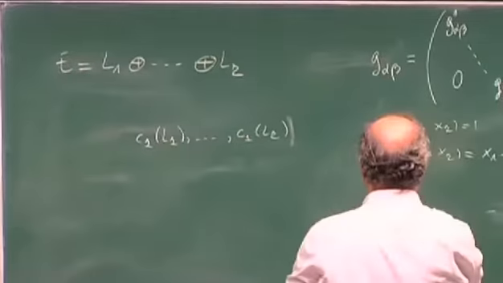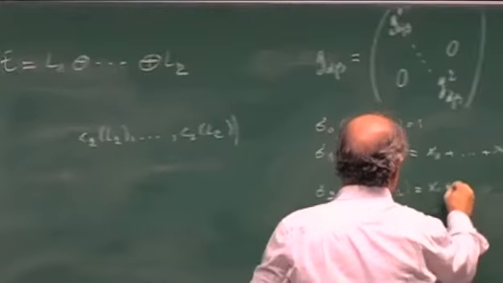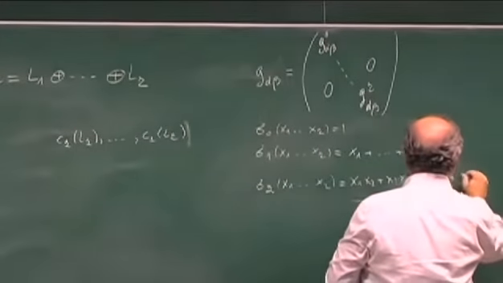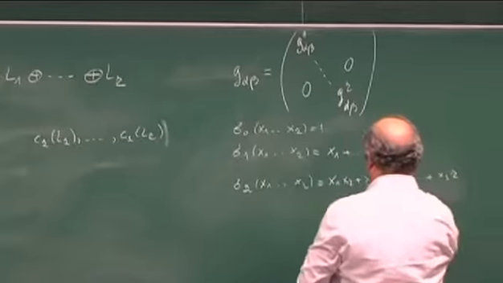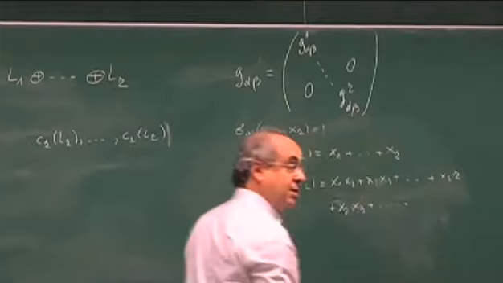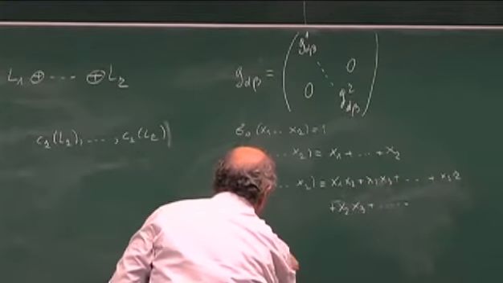Sigma 2 is x1 x2 plus x1 x3, and so on. Of course, there are much more refined ways of introducing them, but just to be clear, something like this, etc., up to the last, which is just the product.